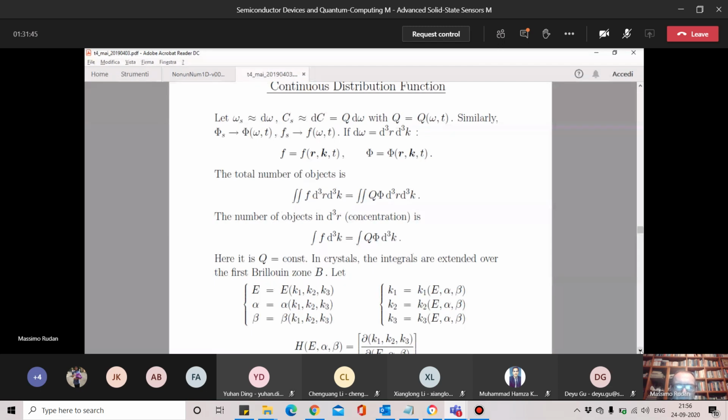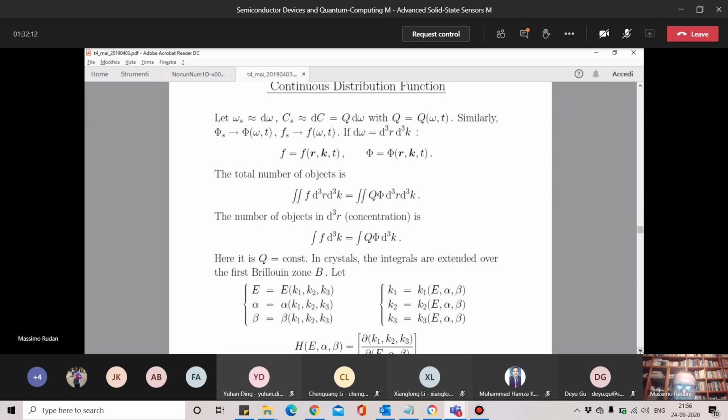So the meaning of the distribution function now is that the product of f times d3R d3K is the number of particles that at time t belongs to that elementary volume d3R d3K.